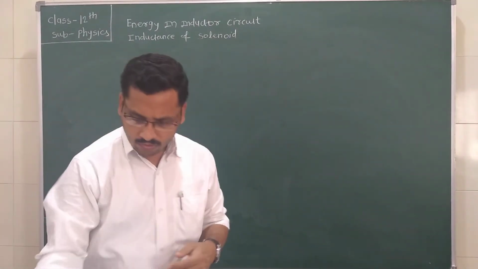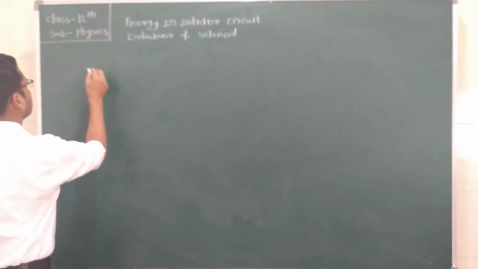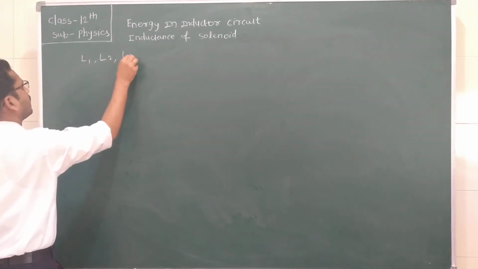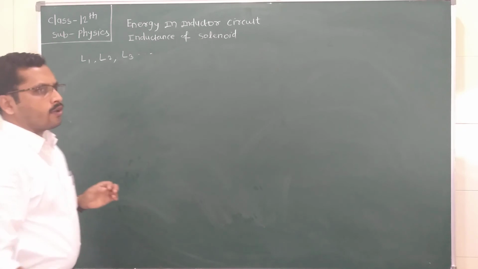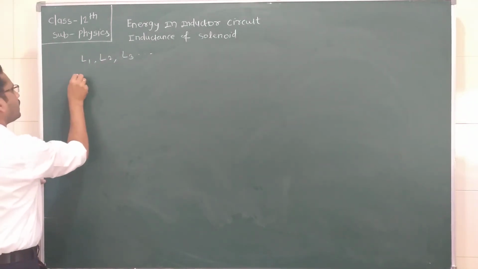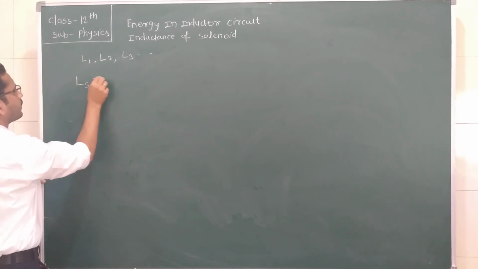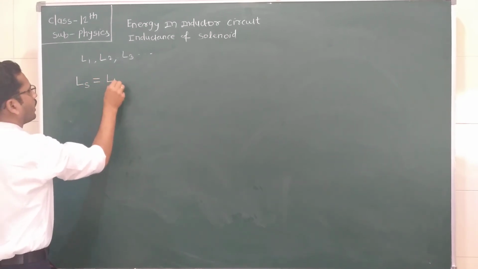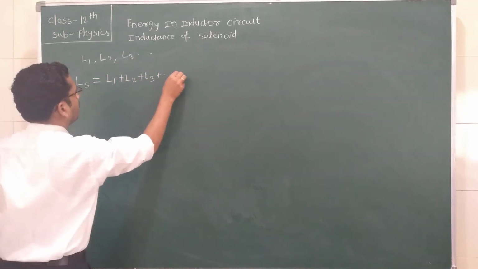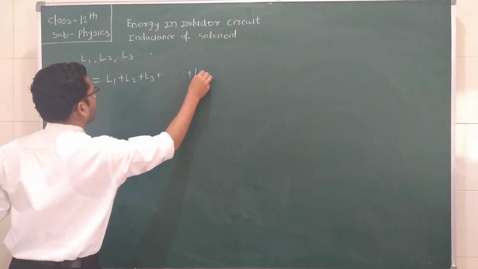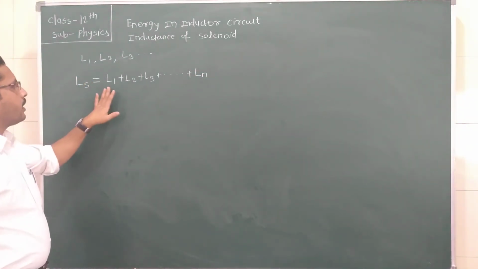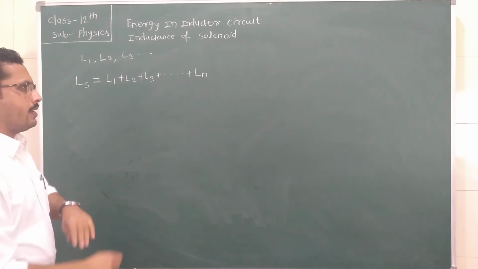Suppose L1, L2, L3 are the inductors connected in series, then the resultant inductance Ls is equal to L1 plus L2 plus L3 up to the number of inductors connected in series combination. So Ls is equal to L1 plus L2 up to Ln.